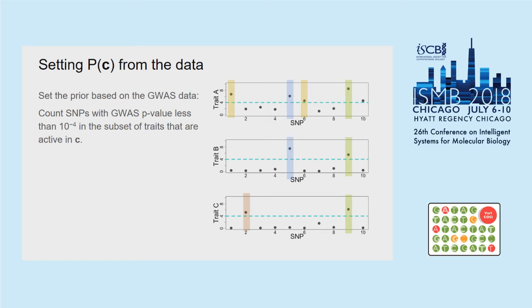It's kind of faint, but you can see that 1 out of these 10 SNPs crosses the threshold in all 3 traits, so that would correspond to the configuration 111. There's a SNP that crosses the threshold in 2 out of the 3 traits, corresponding to 110, and then there are a few that correspond to the configuration with only a single active trait.